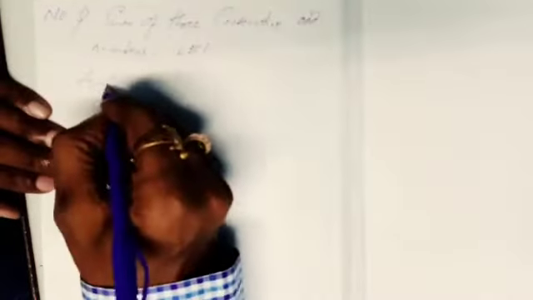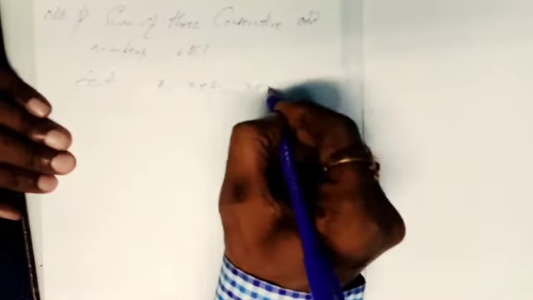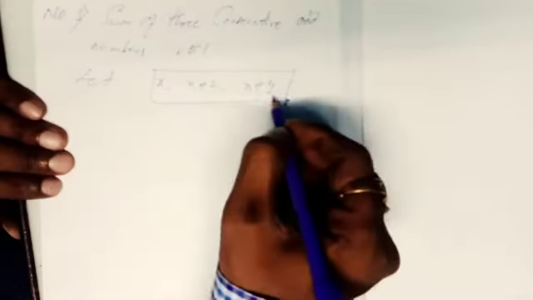It is given in the question. So let the three numbers be x, x plus 2 and x plus 4. These three numbers I have taken. One is x, x plus 2 and x plus 4. These are three consecutive odd numbers.